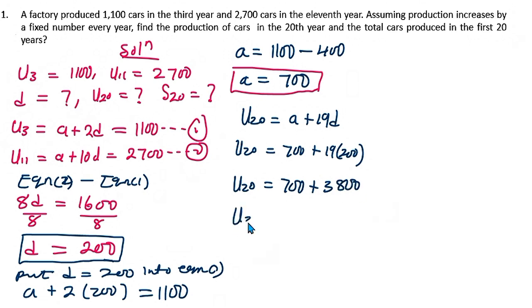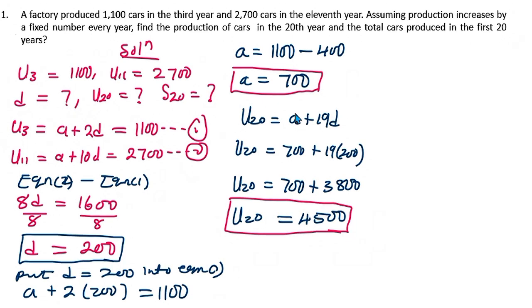So it means that the number of cars produced in the 20th year is going to be 4,500. Let's also box this information, it is vital.